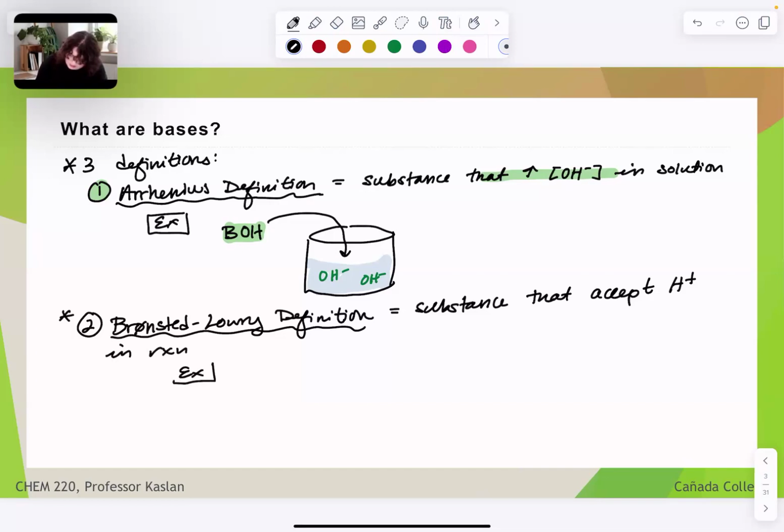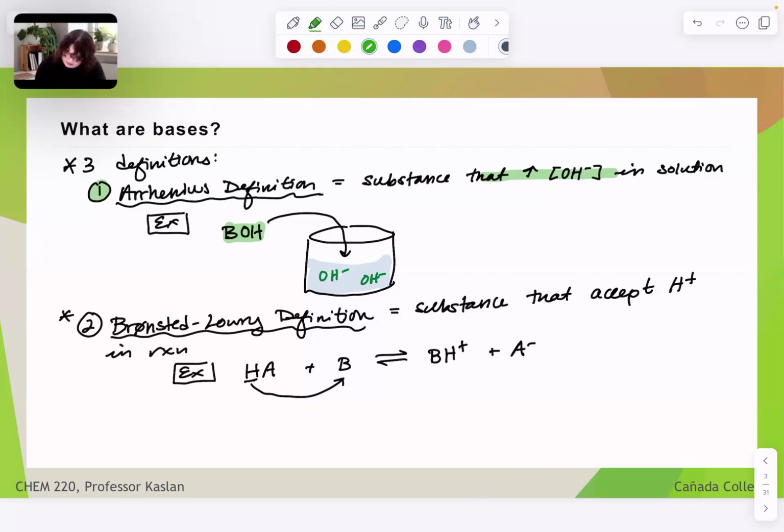So if I go back to the example where I had HA reacting with B, I think it was X before, but I'm going to make it B here just to make it super clear we're talking about a base. I know that HA, the Bronsted-Lowry acid, is going to donate here to B. This will create a protonated BH plus, and then our anion A minus.